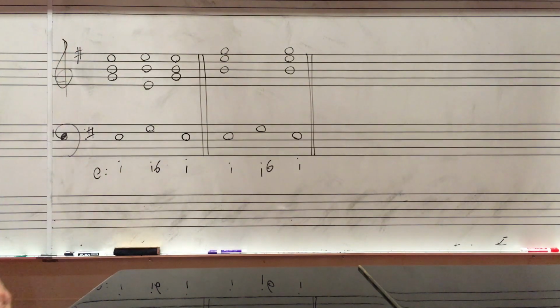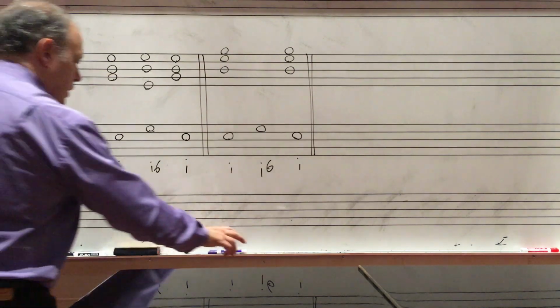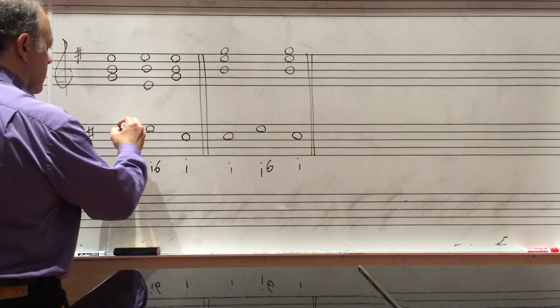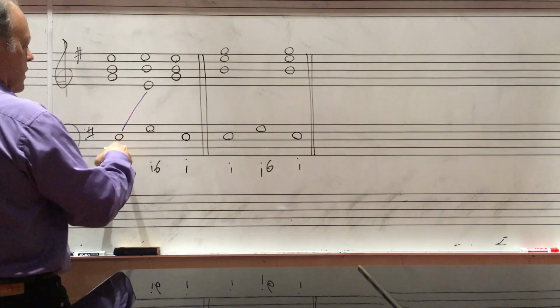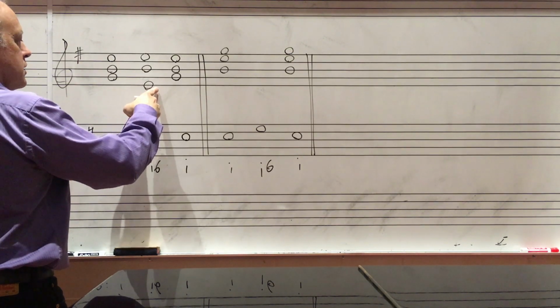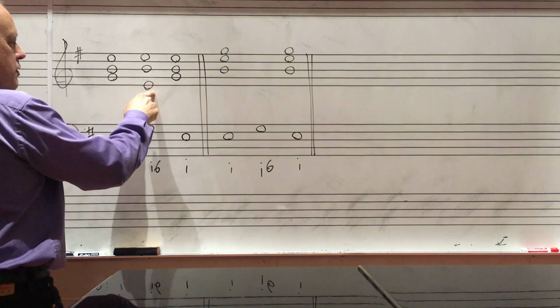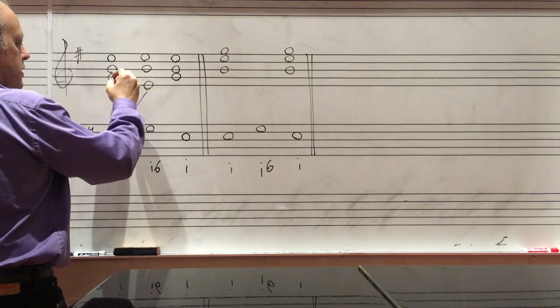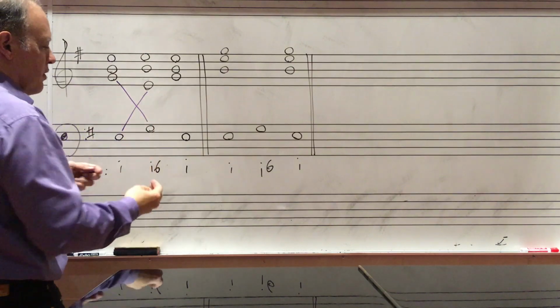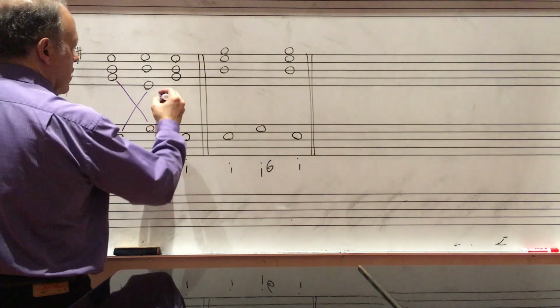We can always readily hear that voice exchange taking place. So in this case, I suppose I can show it once again. There it is. So the bass part had the E and is passing it over to the ostensible tenor there. The tenor had the G, the third of the chord, and is passing over to the bass. So they exchange these components of the underlying harmony.